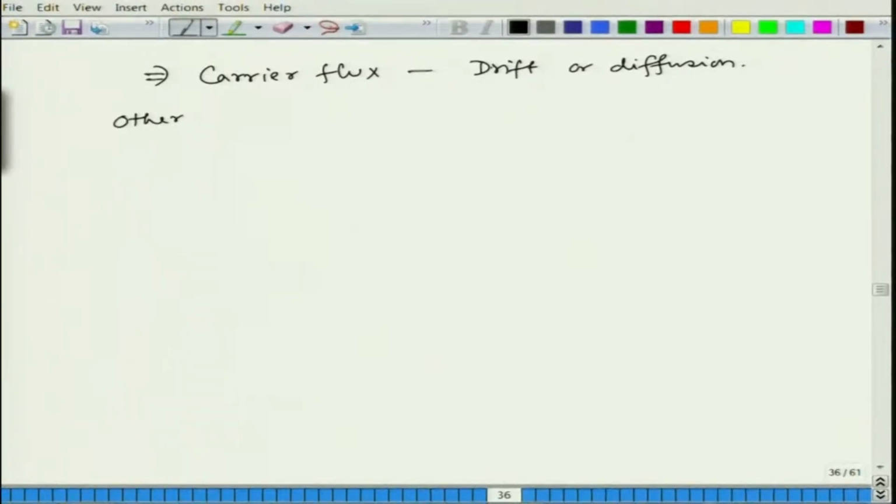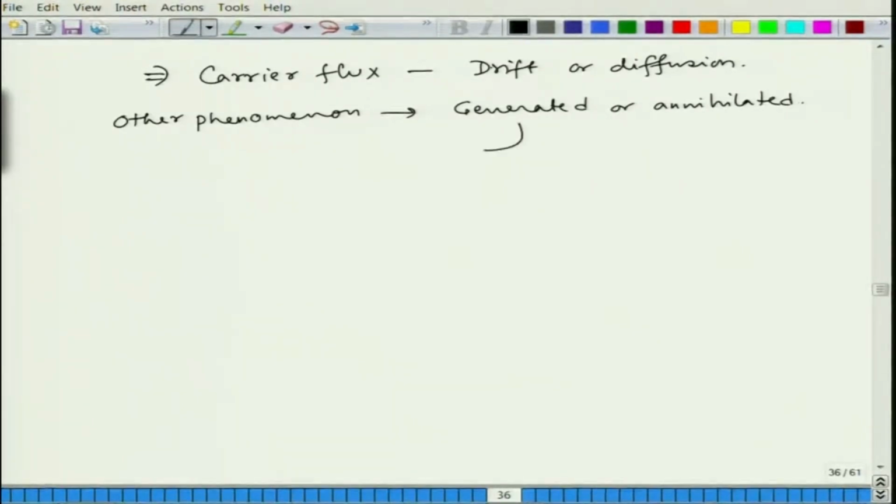Other phenomenon that can happen is either they can be generated or they can be annihilated. So, generation, when would that happen?